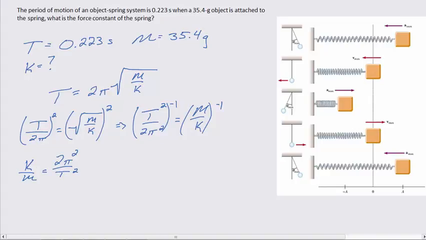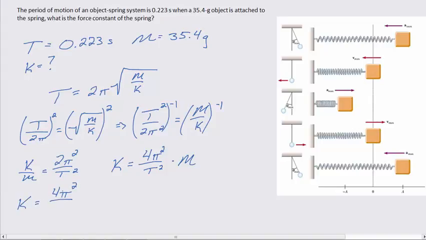And if we multiply each side by m, we would get our final equation that states that our k is equal to 4 pi squared divided by our period squared multiplied by our mass. So now we can plug in our values given.